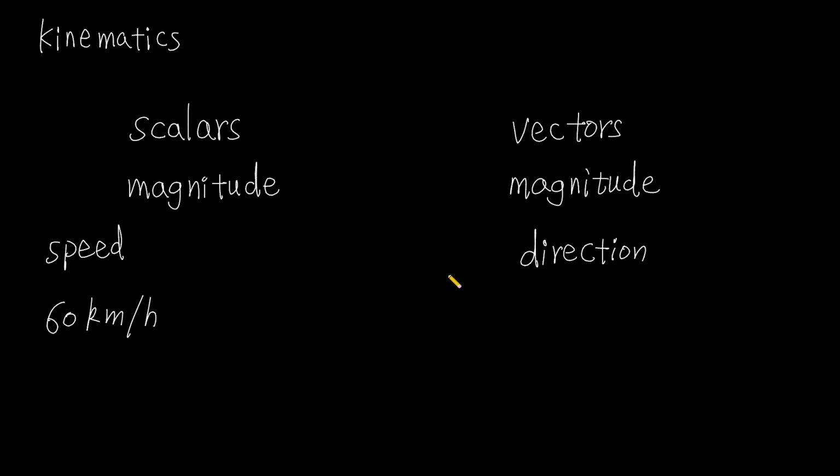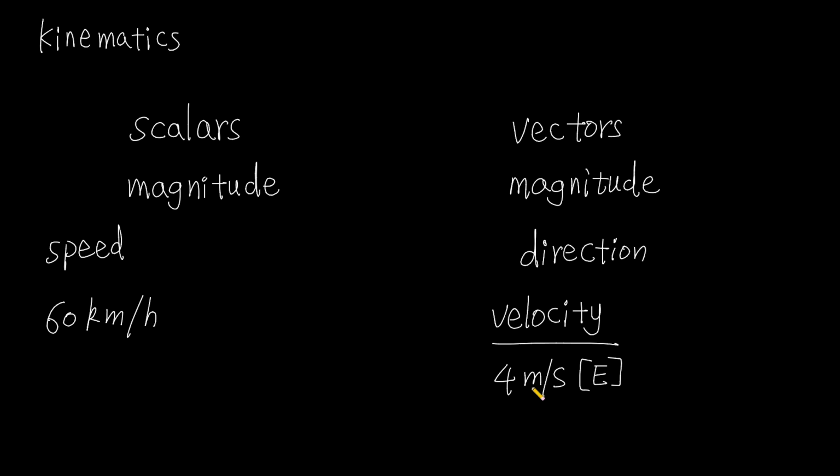But in kinematics, velocity is a vector. It not only has magnitude but also has direction. For example, we can see a velocity of 4 meters per second, east.